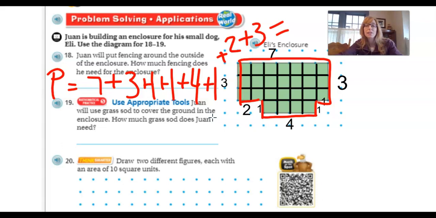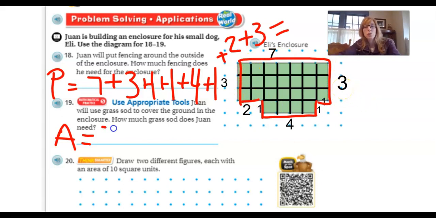Perimeter is adding all the sides. And we know the area, sometimes you can use multiplication if you can find multiple groups that are the same. So if you look here, there's 7, 7, and 7. So you could do 7 times 3, which would cover all of this area.